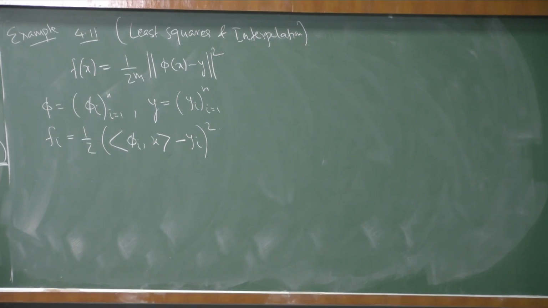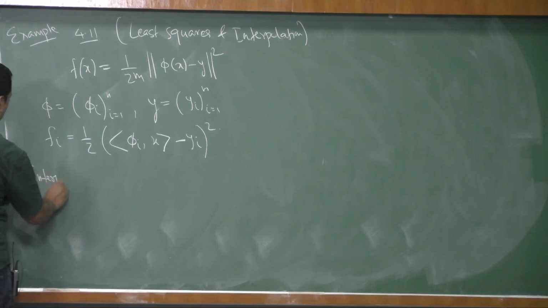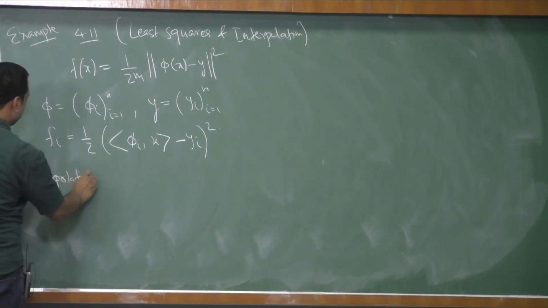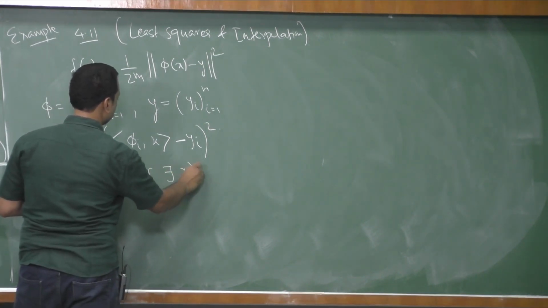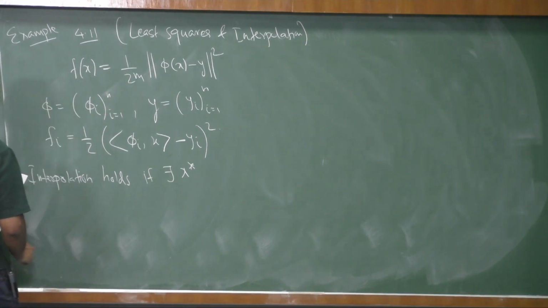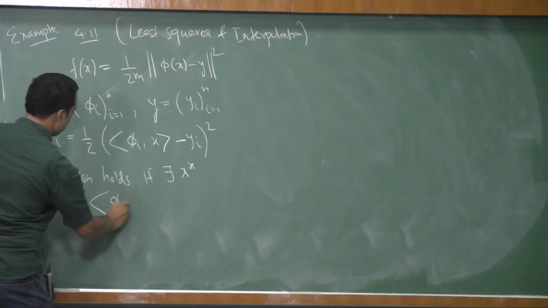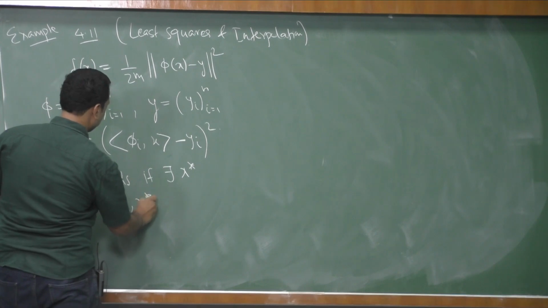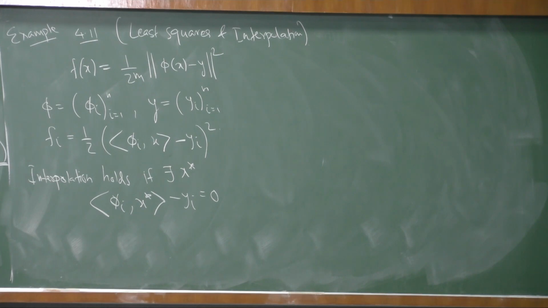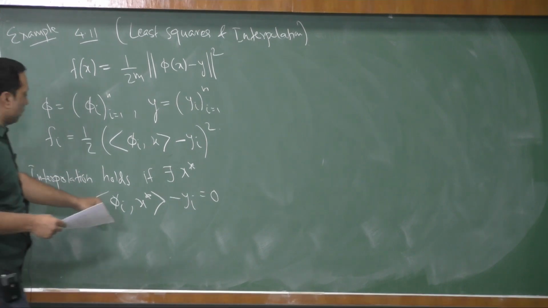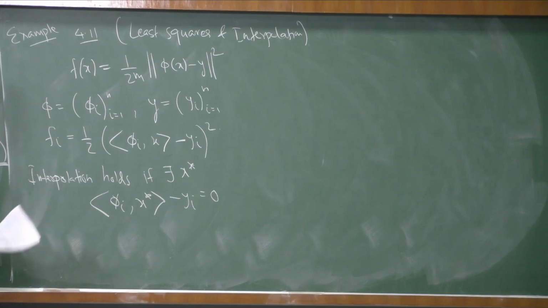So interpolation holds if there exists x star such that we have phi_i x star minus y_i is 0. And this is essentially, phi_i x star, the whole thing can be seen as a hyperplane.